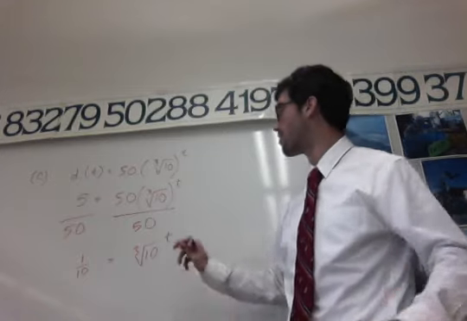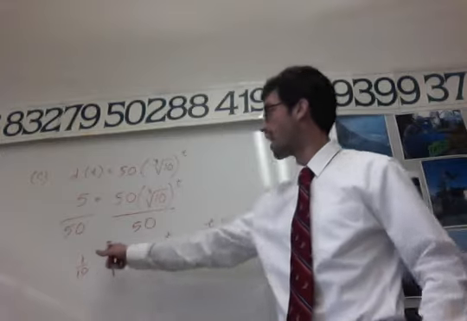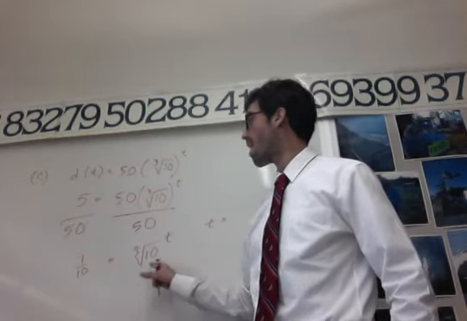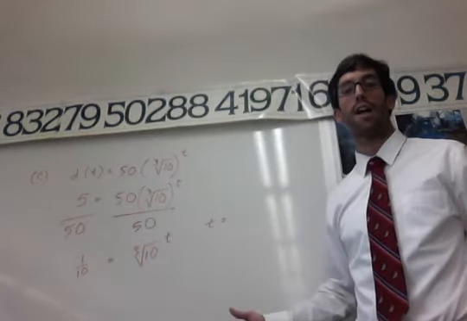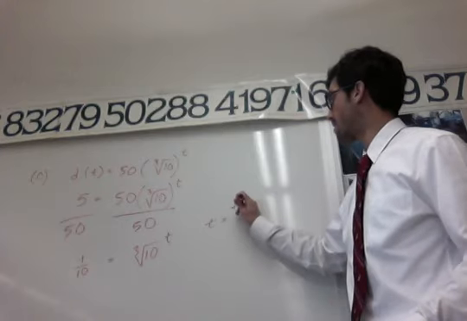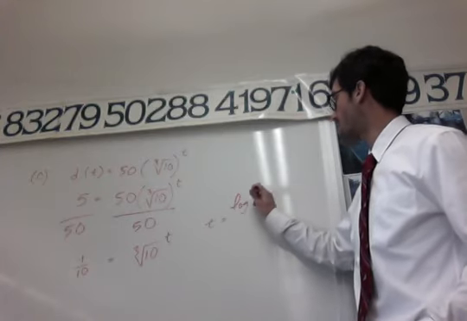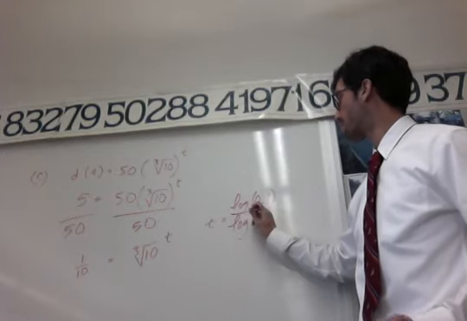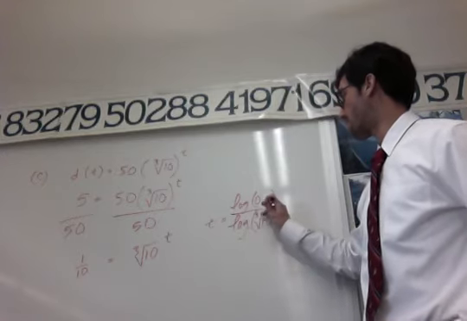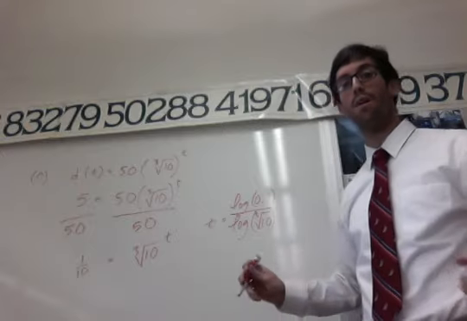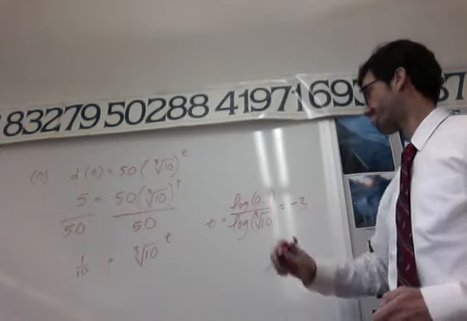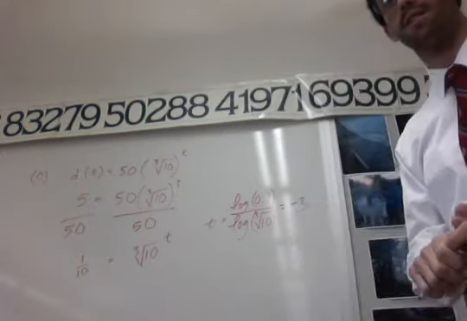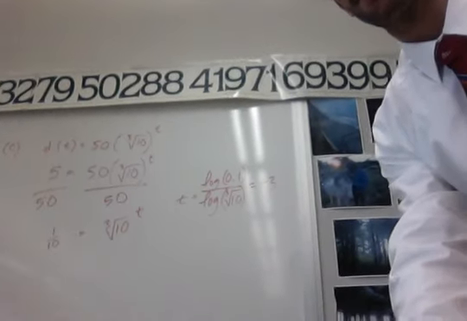T equals the log of 1/10 divided by the log of the cube root of 10. I don't have a calculator up here, but that's the log of 1/10 over the log of the cube root of 10 as a decimal. And we will get -3. So that means that the answer is going to be April 22nd.